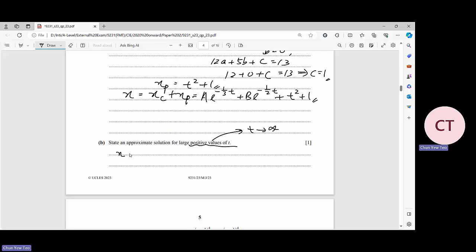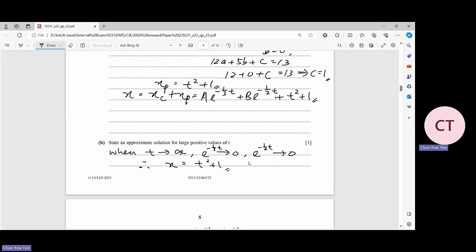We know that when t approaches infinity, the e power of negative 1 over 2t or 1 over 3t is approaching 0. Then this one is also approaching 0. So therefore, your x is equal to t squared plus 1.